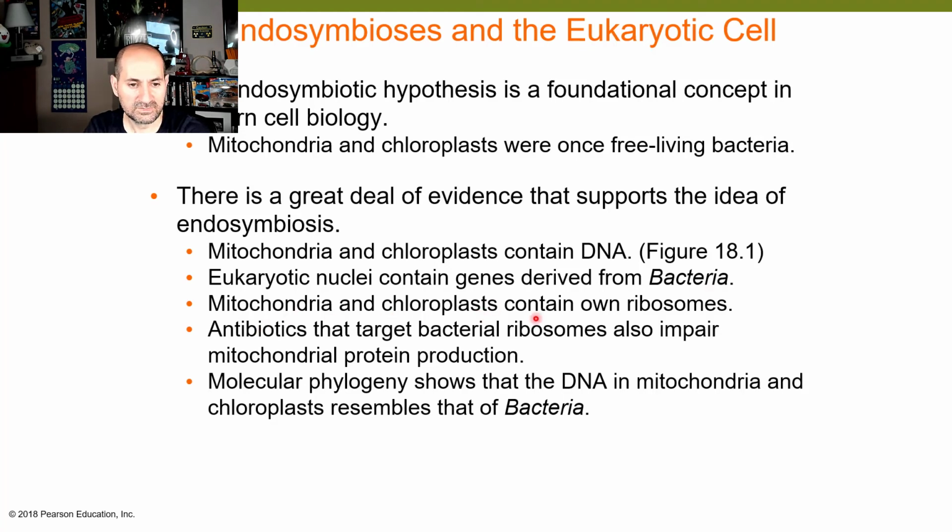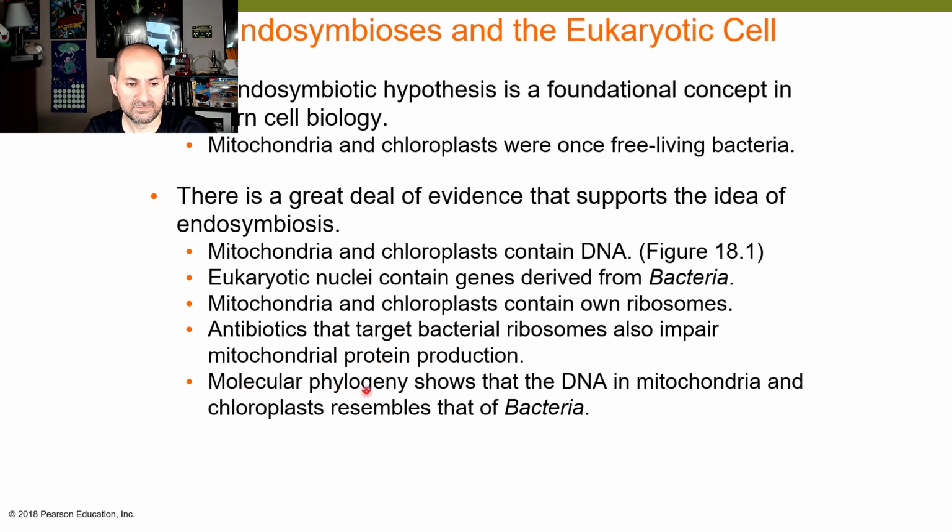Mitochondria and chloroplasts contain their own ribosomes that undergo translation. Antibiotics that target bacterial ribosomes also impair mitochondrial protein production, which means that the mitochondrial ribosomes are similar to the ribosomes of bacteria.